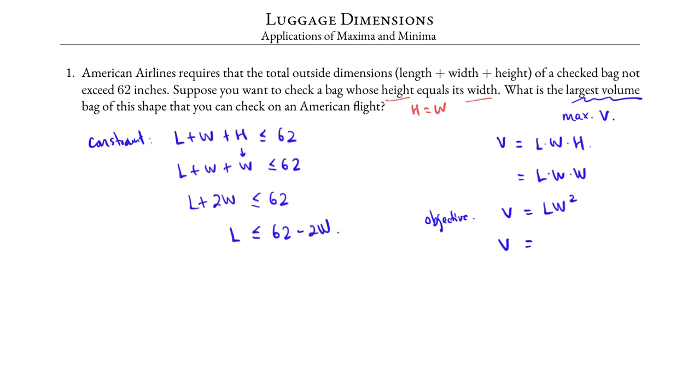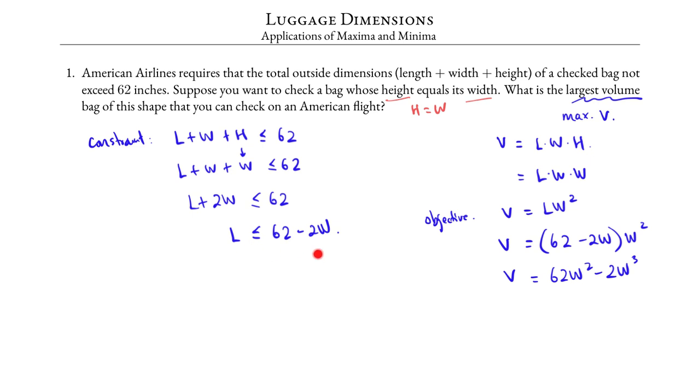The volume equals the length, 62 minus 2W, times W squared. Multiplying this out, we have 62W squared minus 2W cubed. This is the objective volume function. The length, the width, and the height have to be positive.